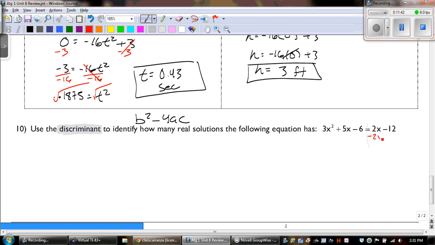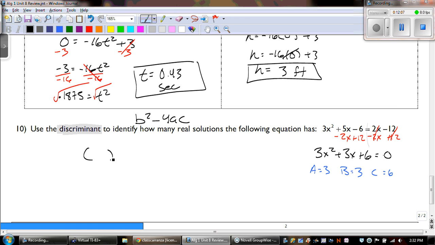So to have it equal to 0, I'm going to subtract the 2x, and I'm going to add the 12. And we get 3x squared plus 3x plus 6 equals 0. So I need to know that my a is 3, the b is 3, and the c is 6.